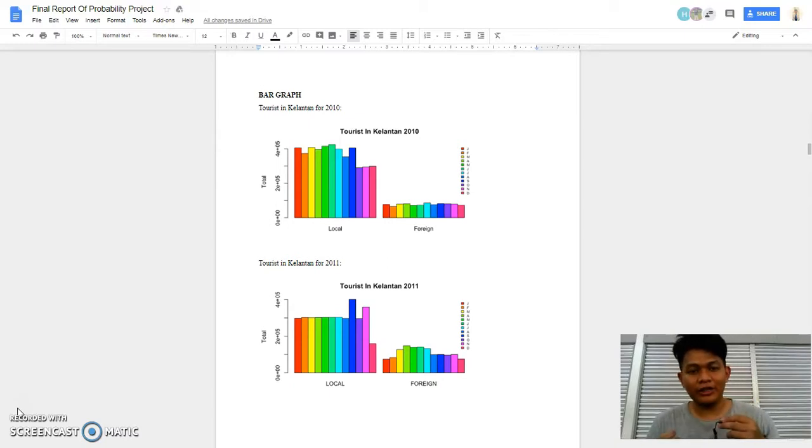We can infer that the total number for both local and foreign tourists will decrease from time to time. Therefore, to prevent this, I would like to advise our government to improve the infrastructure in Kelantan, like building highways and accommodation that can ease tourists, whether local or foreign.